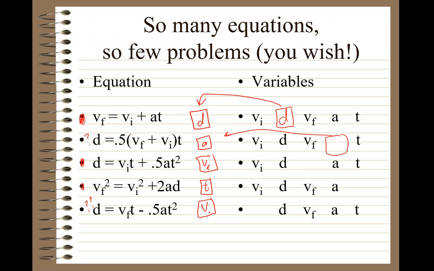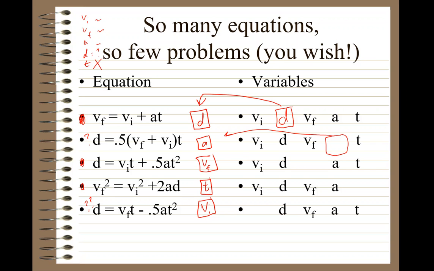We're only ever going to be given 3 of them. So for example, we might be given, and we'll actually solve some problems in just a moment, initial velocity, final velocity, acceleration. Will be asked for displacement. And then I won't really care about time. Time is something I won't care about, hypothetically.